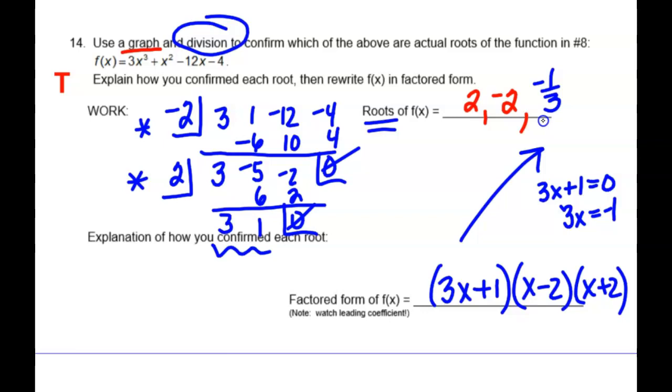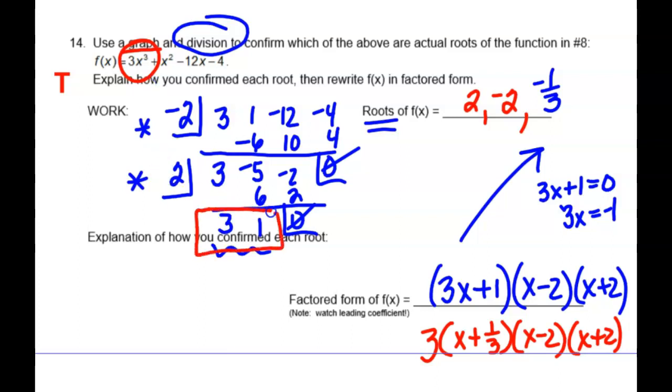Everybody seeing that? Okay. If you write this as x plus 1/3, x minus 2, and x plus 2 in any order, you will not get full credit because it has to multiply back to make a 3x cubed, okay? If you just use this last factor right here, you'll be fine. Does that make sense?